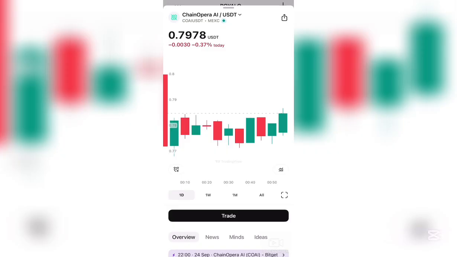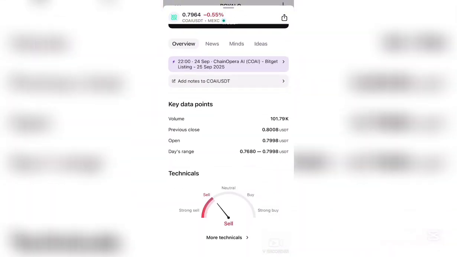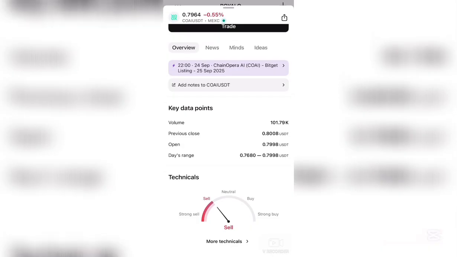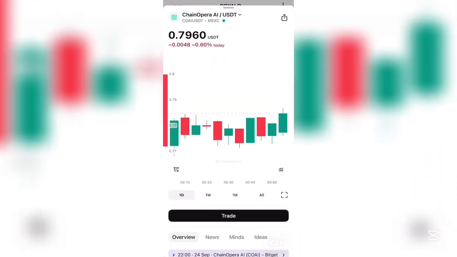You can lose all your money if you are doing futures, and you might have to stay in the market for long if you are doing spot. So it's just to give you a general overview of what the market is doing.